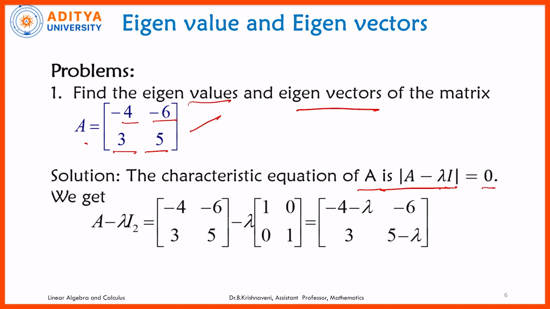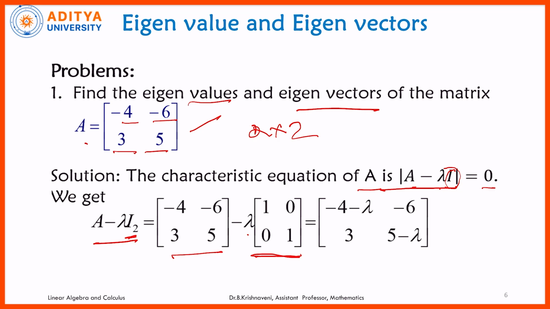Here A is of order 2 by 2, so I is an identity matrix of order 2. First, let us find A minus lambda I2, which is equal to the matrix [-4, -6; 3, 5] minus lambda times I2, that is [1, 0; 0, 1].